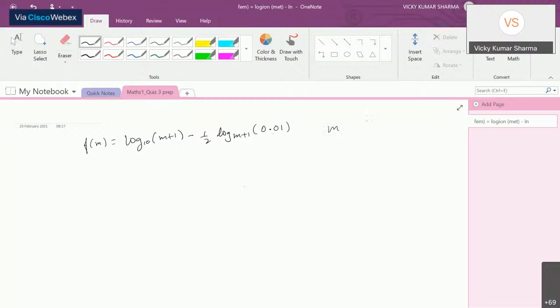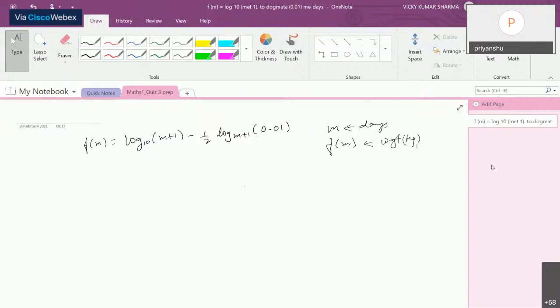M represents days, and f of m represents the weight in kg. So when we solve, the minimum we would get would be 2 only. And so for 1 year it would be 730 kilos, because 365 into 2.